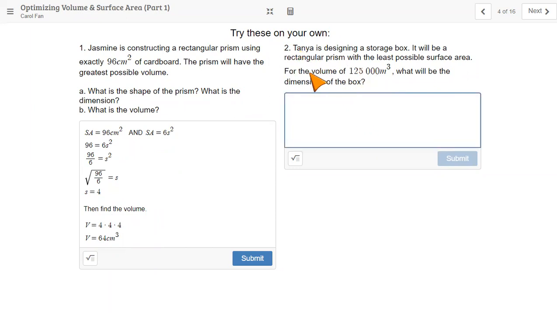The second question, we're given the volume. We know that the volume is equal to 125,000 meters cubed, but we also know that the volume of a cube is going to be side cubed. So I can equate these two. I have s cubed is equal to 125,000. Let's take the cube root of this.